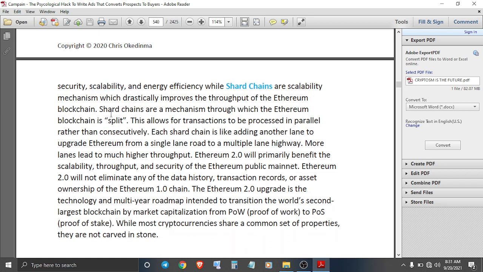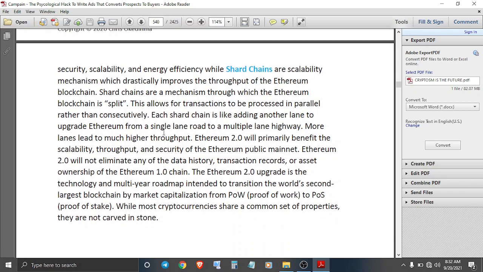Now, shard chains are a mechanism through which the Ethereum blockchain is split. This allows transactions to process in parallel rather than consecutively, meaning all transactions go through smoothly at once rather than one after the other. Now let's read further.